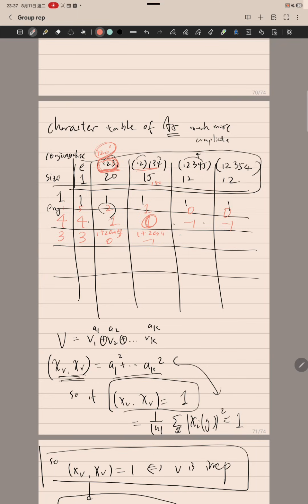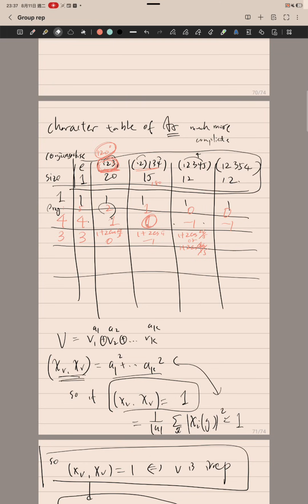Now, for these two, you get 1 plus 2 cosine 2 pi divided by 5, or 1 plus 2 cosine 4 pi divided by 5. You may say, oh, you can do 6 pi, but 6 pi is the same as 4 pi, and 8 pi divided by 5 is the same as 2 pi divided by 5. So actually, there are two choices.